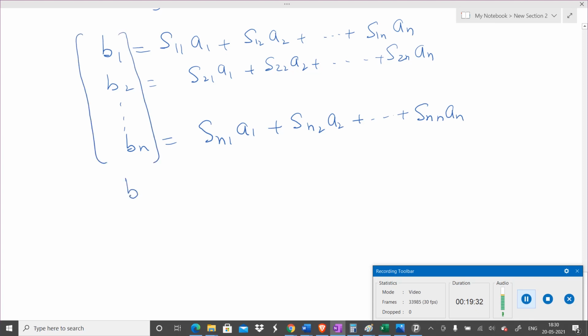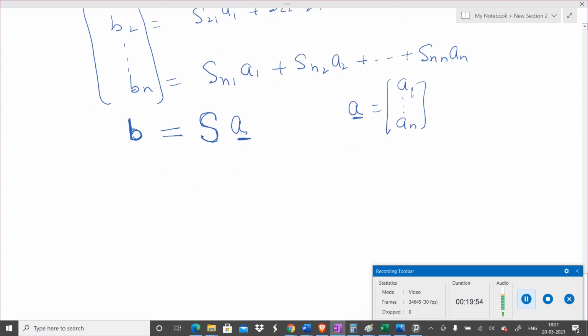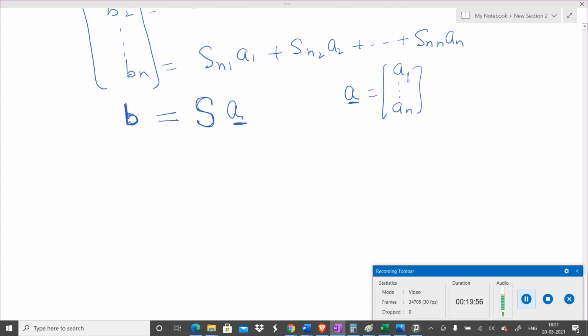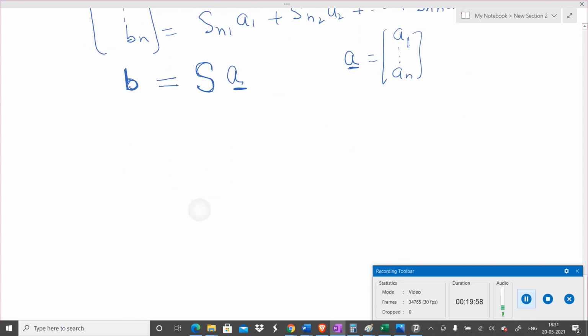I will call it the B vector. B vector is equal to the S matrix times the A vector. A is also a vector, A1 to An, and we will come up with the S matrix like this.